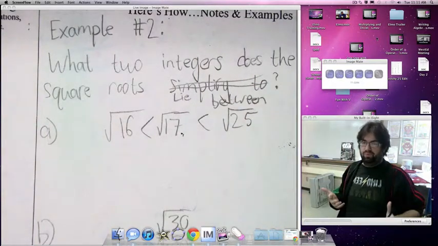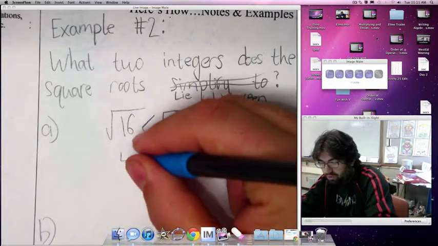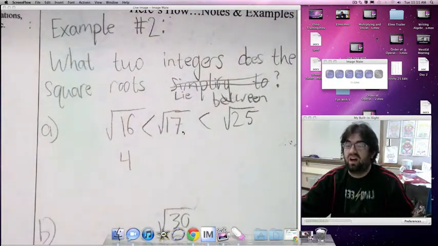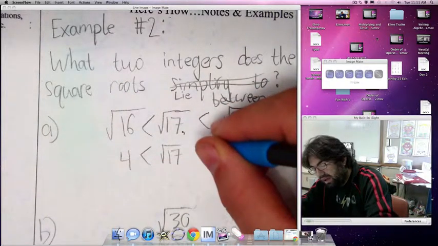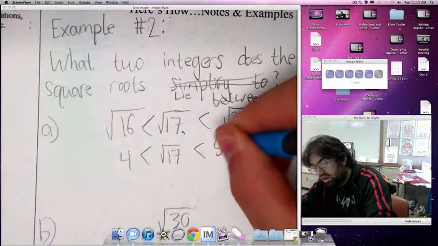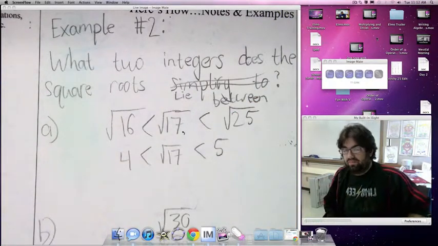Okay. That's step 1. Step 2 is, what's the square root of 16? 4. So the answer is not 16 and 25, by the way. The answer is 4 and 5. So that is the answer.